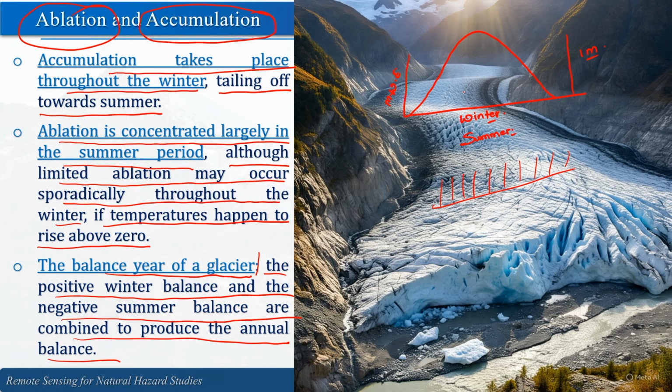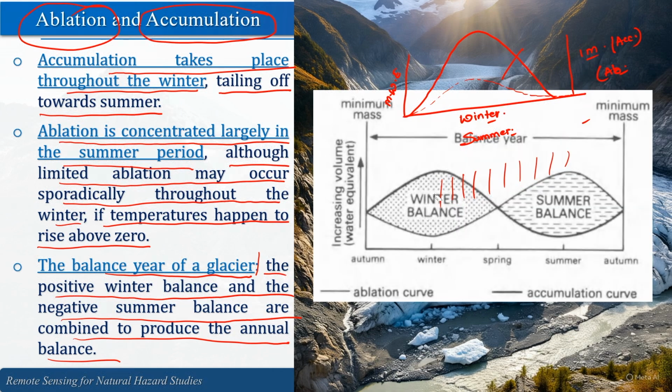In summer it is melting. So, for winter it is accumulation, for summer it is melting or ablation. If you see, the melting is this much only. So, definitely this has positive mass balance.